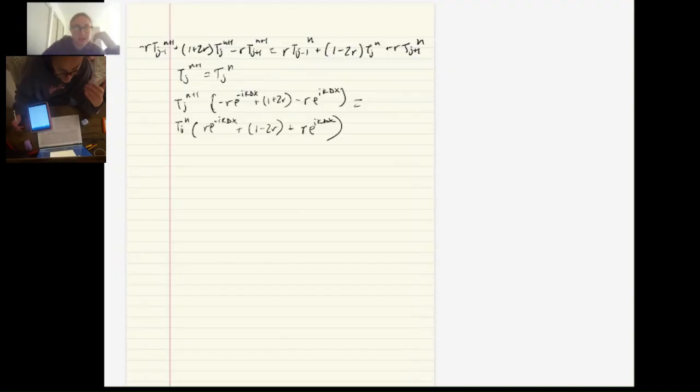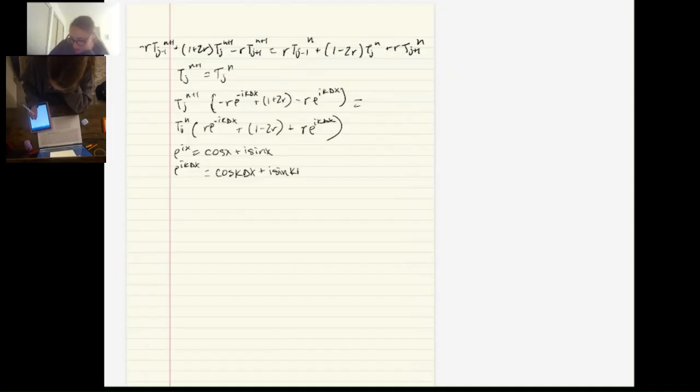The next thing that we've already seen before is that e^(ix) is equal to cosine of x plus i sine of x. So we can substitute that in. e^(ik delta x) is equal to cosine of k delta x plus i sine of k delta x.